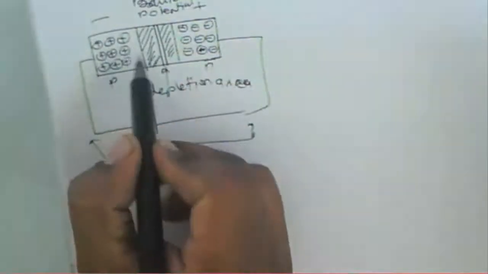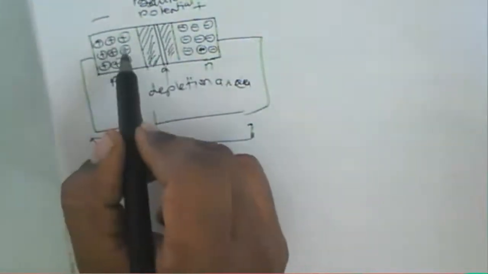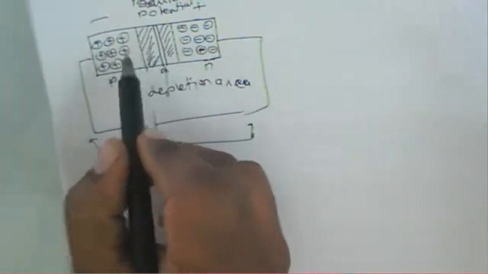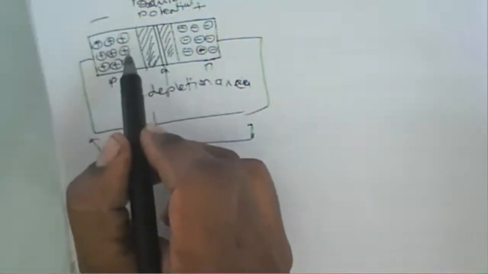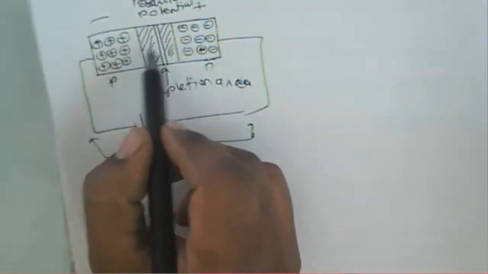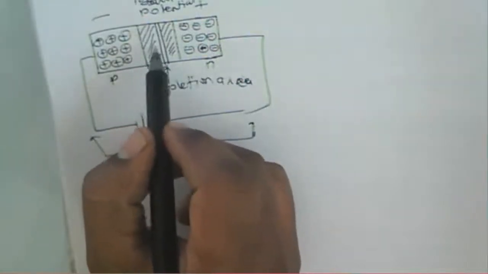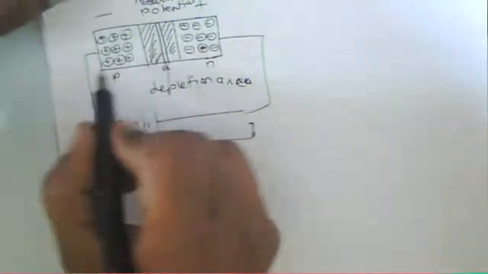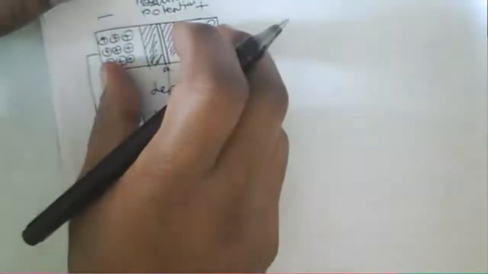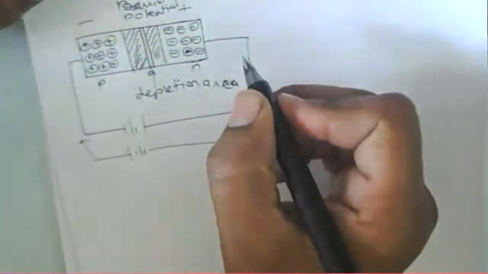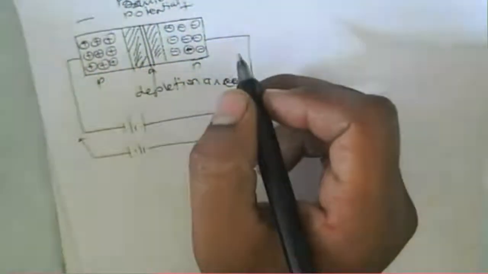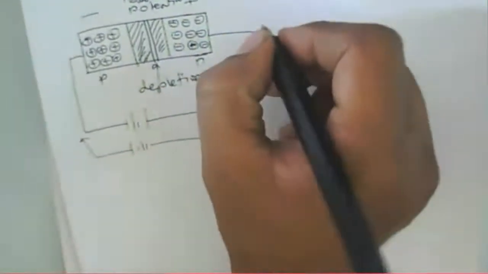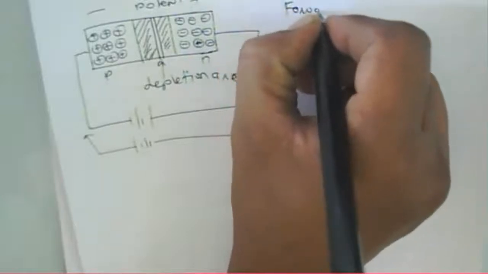So that depletion area doesn't have holes and electrons in this particular case. But your electrons and holes move through this depletion region, and when they move through it, this diode acts as a charge capacitor.